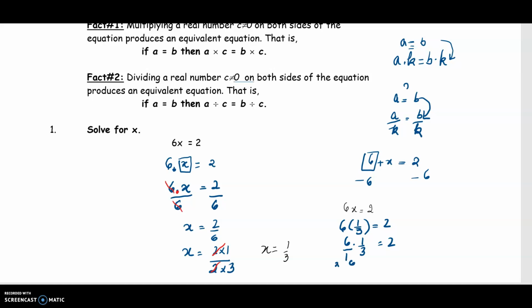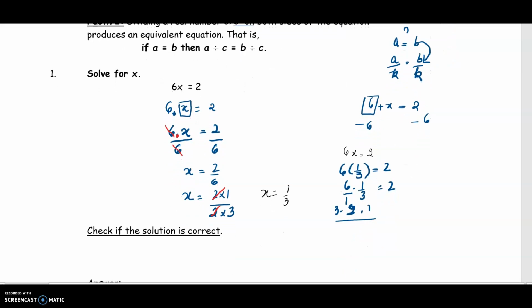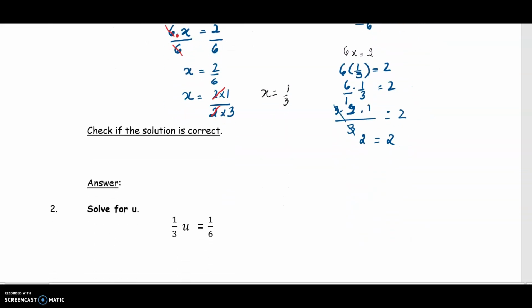You can write it as 3 times 2 times 1. So that's 6 times 1 divided by the denominator 1 times 3, which is 3, equals 2. Cancel the common factors and I get 2 equals 2. So the answer is correct.